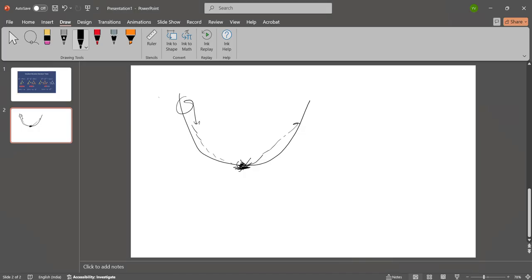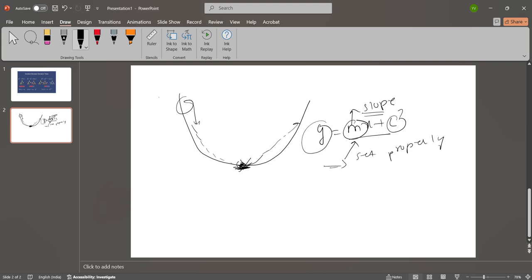You might have a question, right? How exactly does this work? Let me say, for example, the formulation y is equal to mx plus c, where m is the slope. If this parameter is set properly, then we can get the perfect fit line. These two are very important even with multiple parameters, like beta naught plus beta 1 x1 plus beta 2 x2.